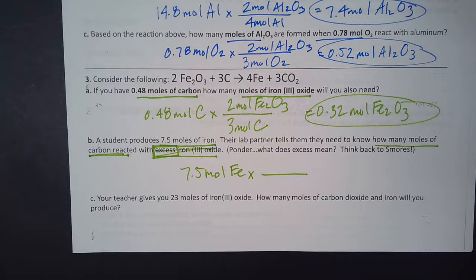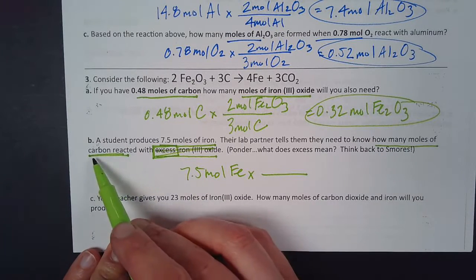It makes the total amount you can make, because what happens after that amount has been made to the limiting? You can't make any more because you're out of that reactant. Yeah. So the limiting is all we care about. If it says excess, just cross it out. We don't care about it.